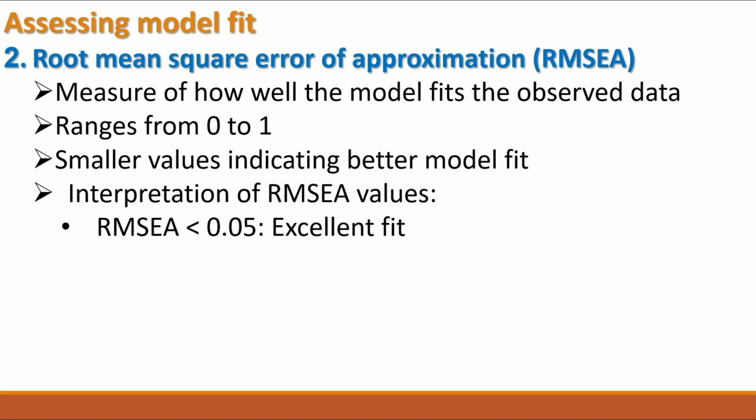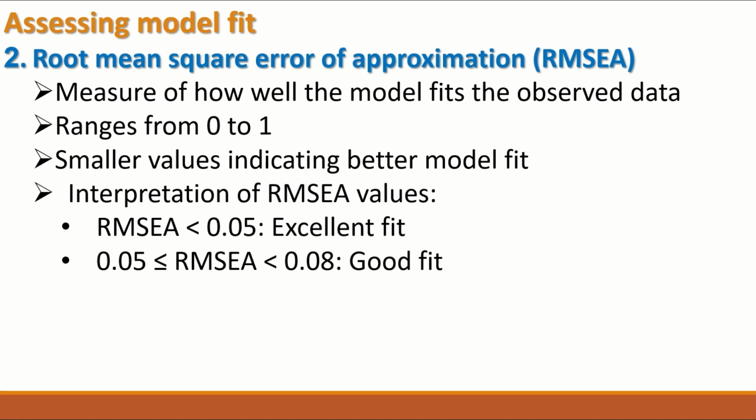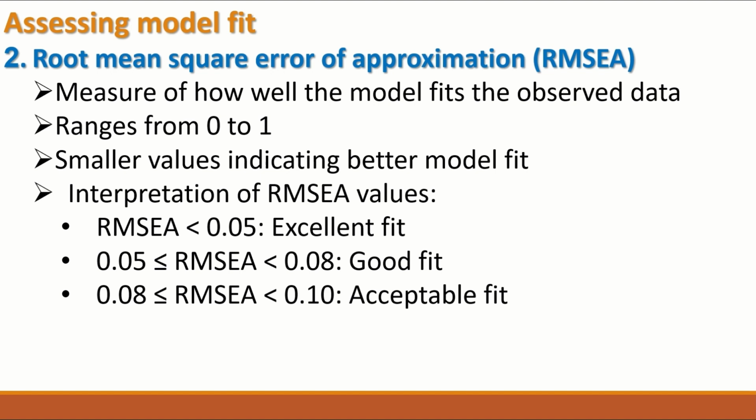To interpret the RMSEA values, any value less than 0.05 is an excellent fit. Between 0.05 and less than 0.08, good fit. Between 0.08 and less than 0.1, acceptable, and any value equal to or greater than 0.1 is a poor fit.